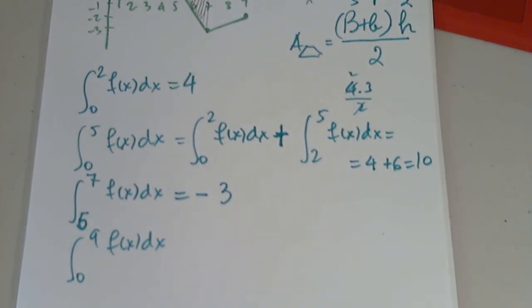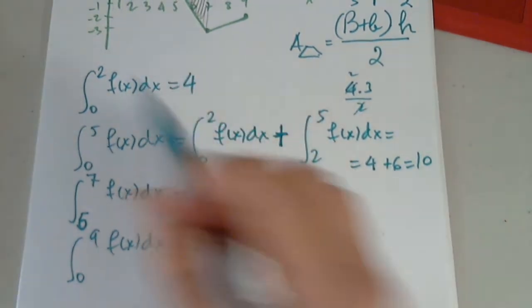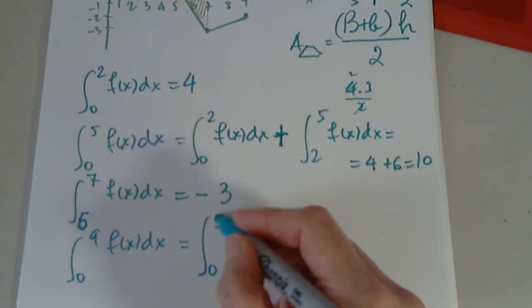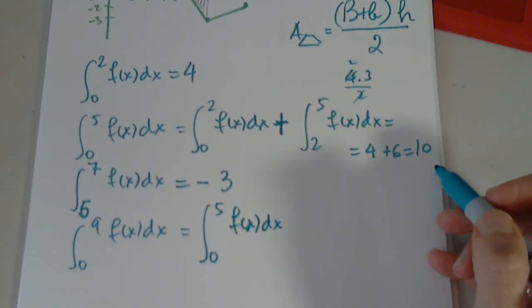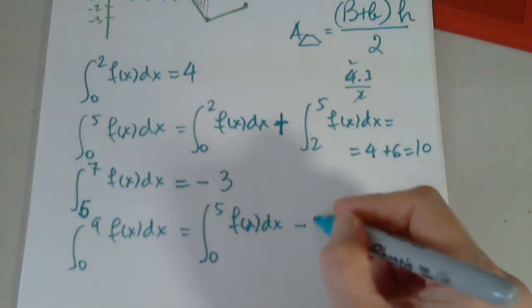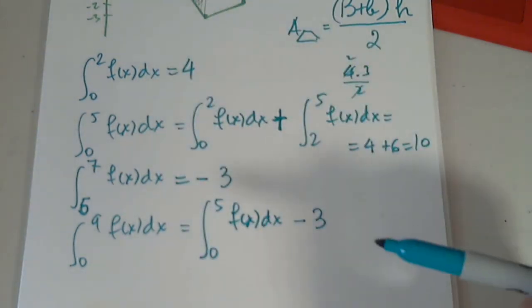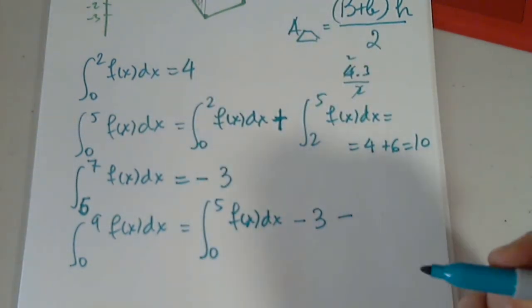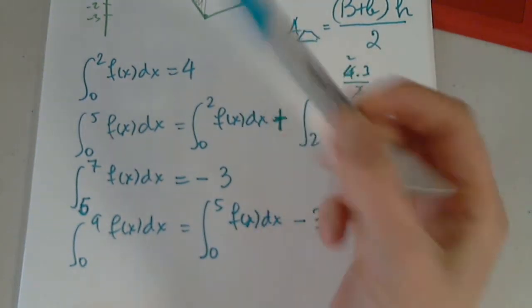Finally, we are asked to find the area from 0 to 9. Well, the area from 0 to 9 will be the integral from 0 to 5 of f of x dx, which I already have, is 10, minus 3, which is the integral from 5 to 7, and then minus, and I have to determine the integral from 7 to 9.